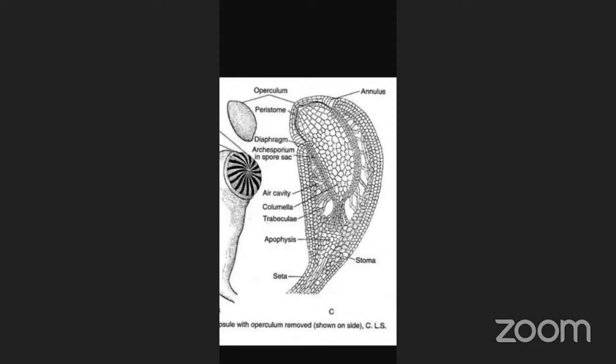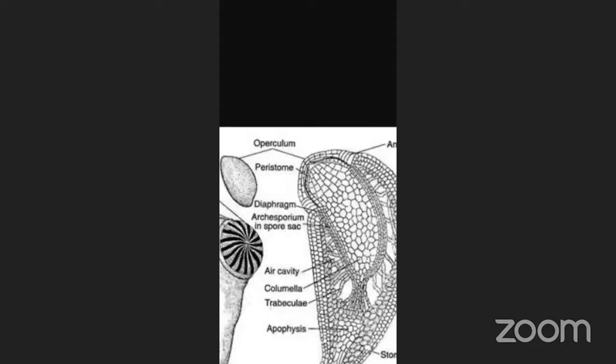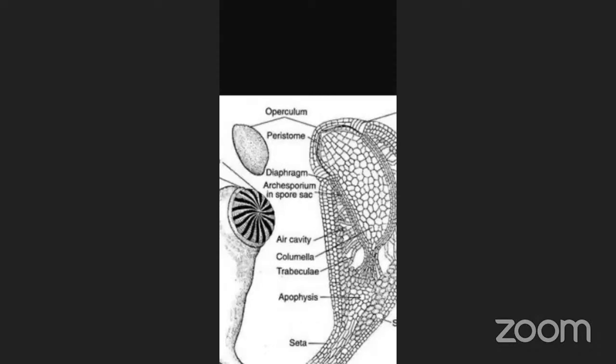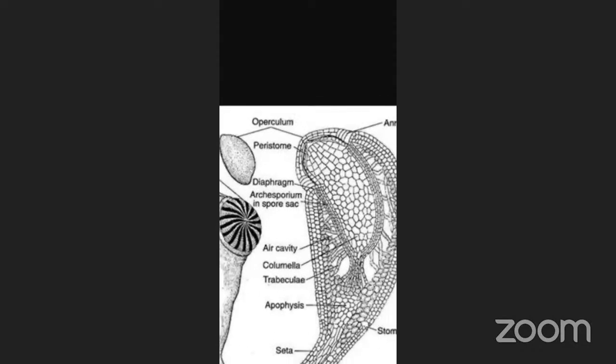The apical part of the capsule consists of the operculum, and the peristome is there. So here is the apical region. The operculum and peristome are present. The operculum is 4 to 5 layers thick, and just beneath the operculum the peristome is present.